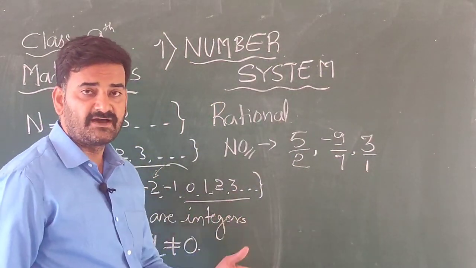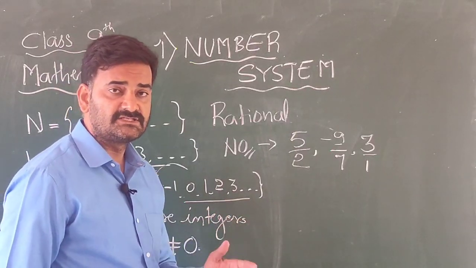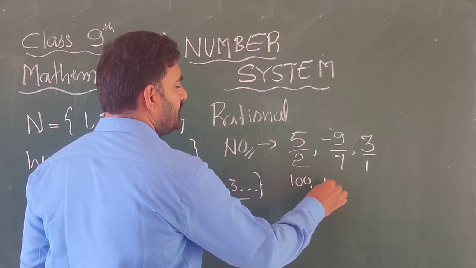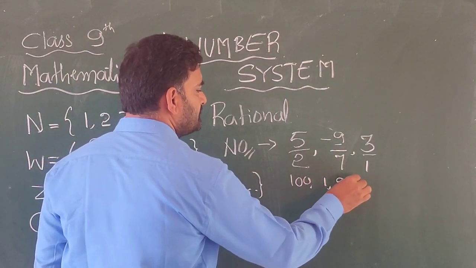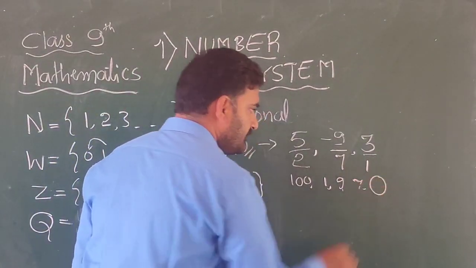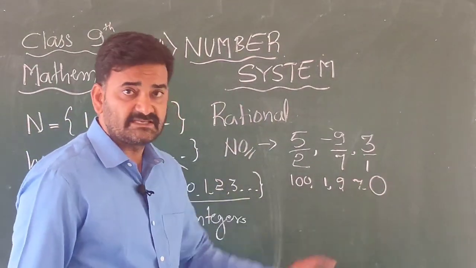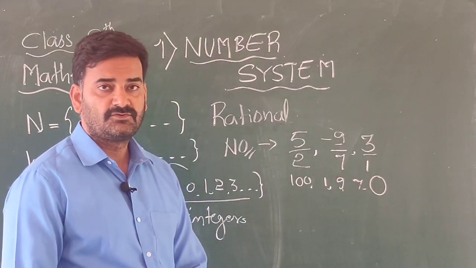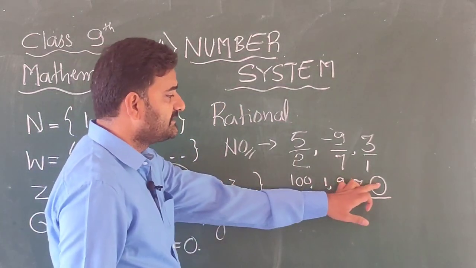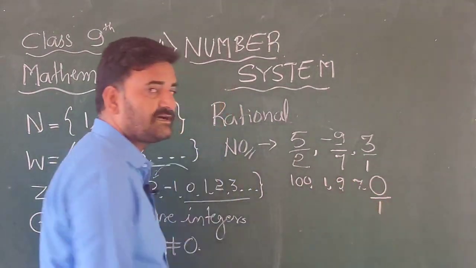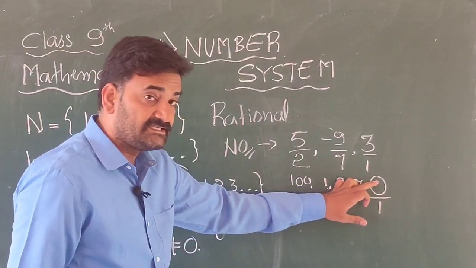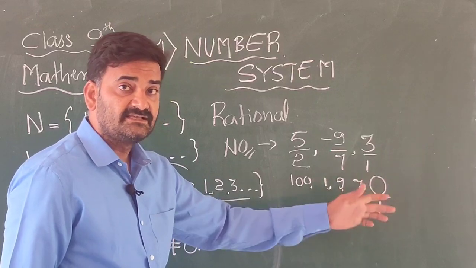Any number you take, 5, 10, 100, 1000, all are rational numbers. Now try to understand this: whether 0 is a rational number, yes or no. Yes, of course 0 is also a rational number because 0 by 1 is a rational number. 0 by any number is 0.